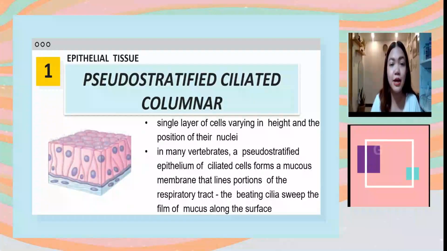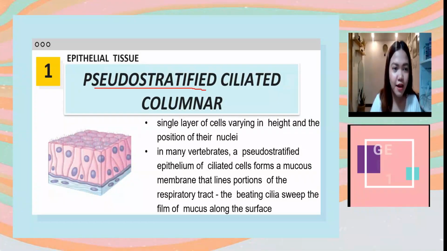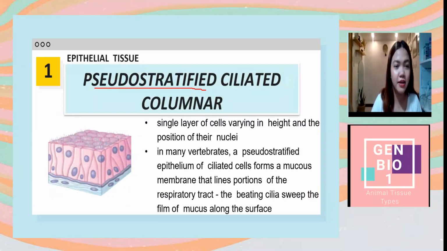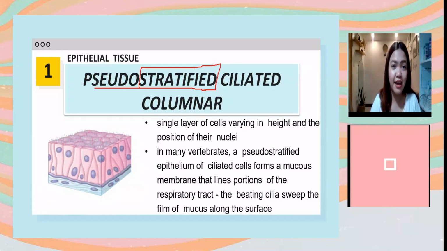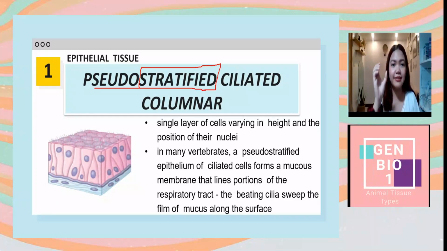Next is your pseudostratified ciliated columnar. So this is the one yung kanina yung pinakita natin. So, pseudostratified, why do you think so? Because it is not actually a stratified, it doesn't have a stratified layering. So, one layer lang siya, as you can see here. Pero, the thing is, it actually looks like a stratified. Bakit? Kasi, the cells are not uniform in size.